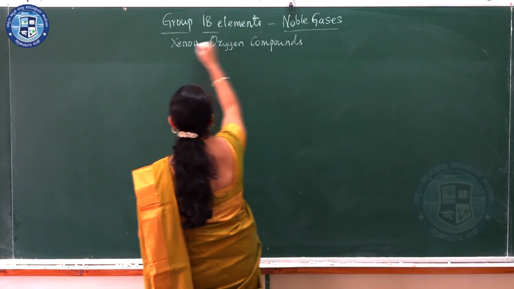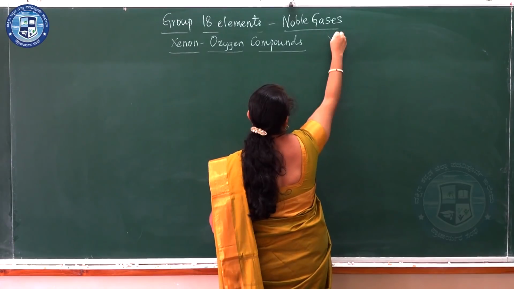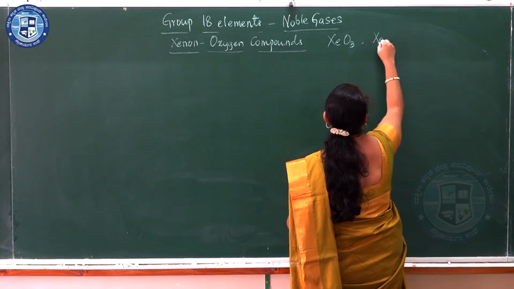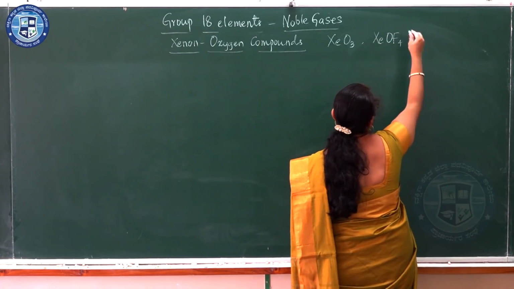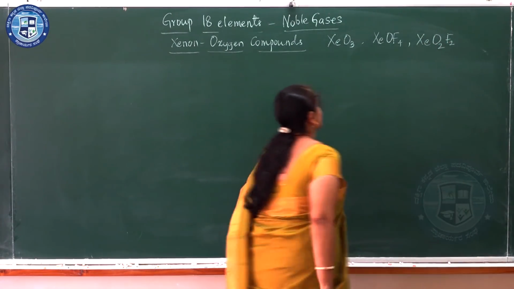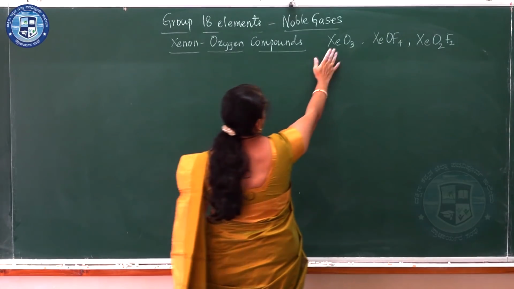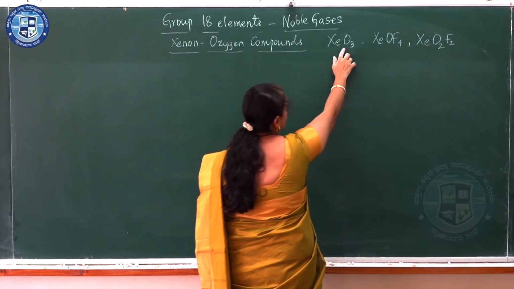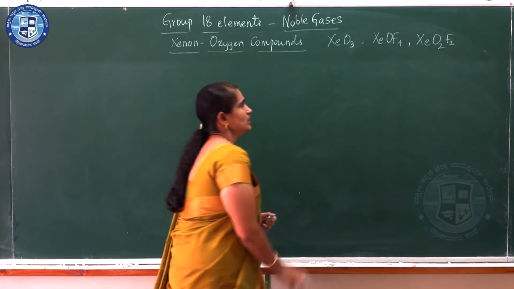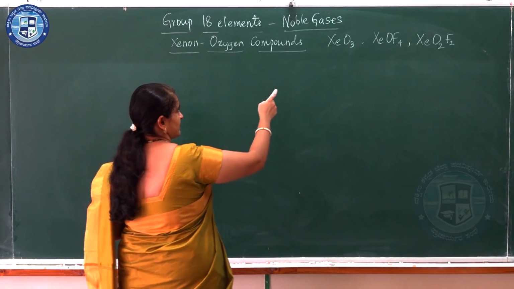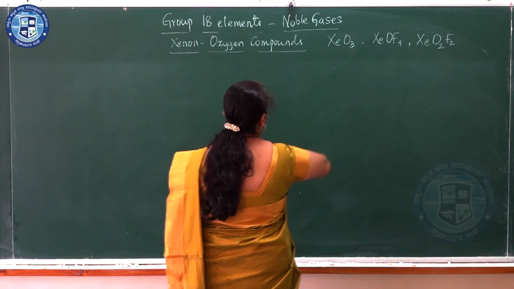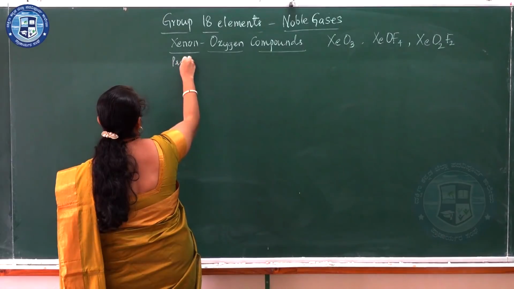One compound is very important. We generally have XeO3 and one more is XeOF4 and lastly XeO2F2. So, particularly with oxygen it is XeO3, and with fluorine I have 2: XeOF4 and XeO2F2. Two preparations have been given, one for XeO3 and those two as well. We will see the preparations one by one.